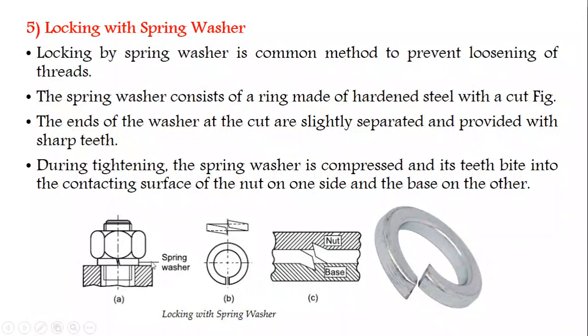See, while tightening, the spring washer is compressed, biting the nut on one side and biting the surface of the component on the other side. Thus the nut gets fixed in the base.